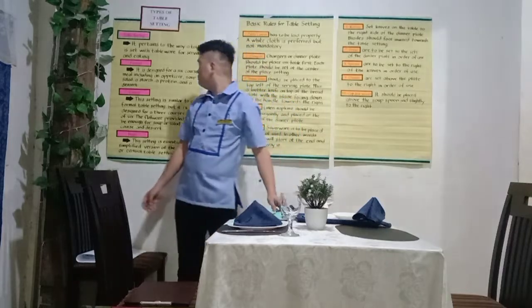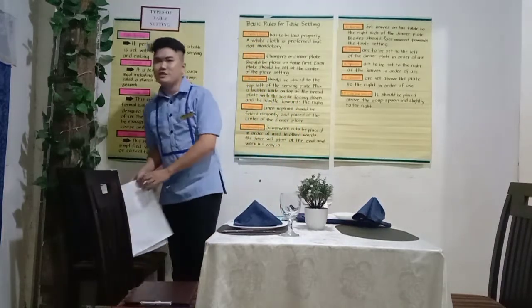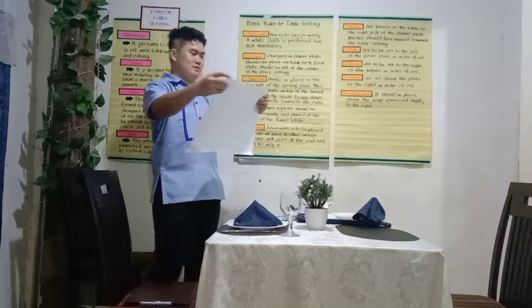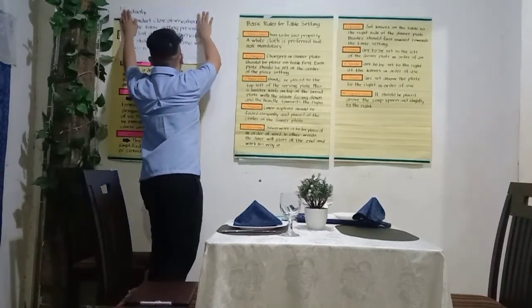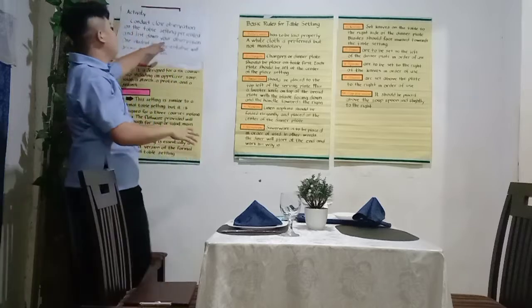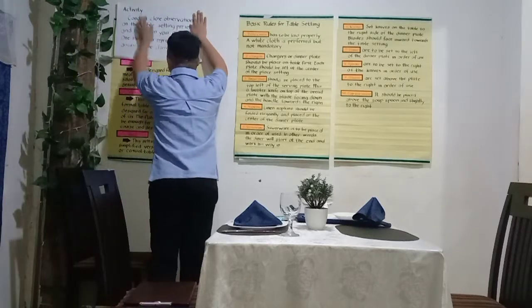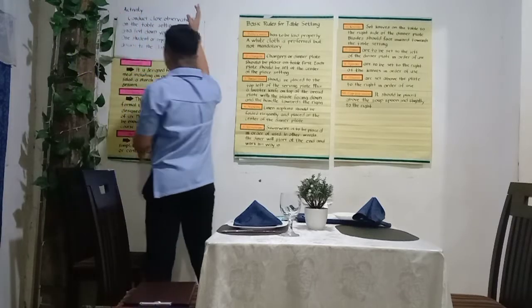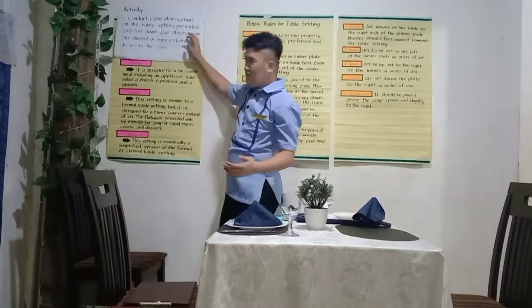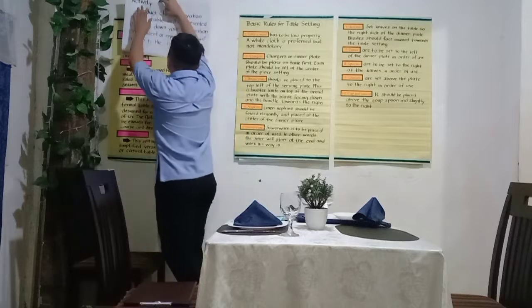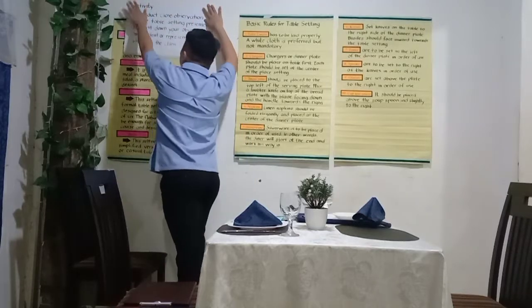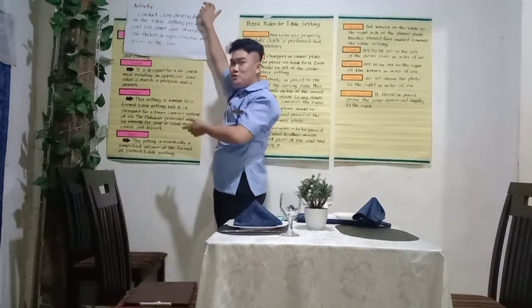Now let us continue our lesson with an activity. All you need to do is to conduct close observation on the table setting presented and list down your observation. One student representative will discuss to the class.